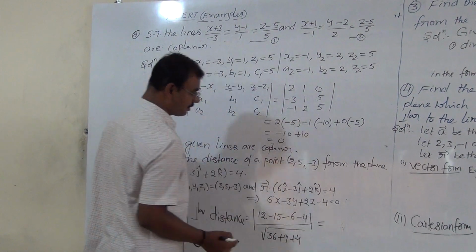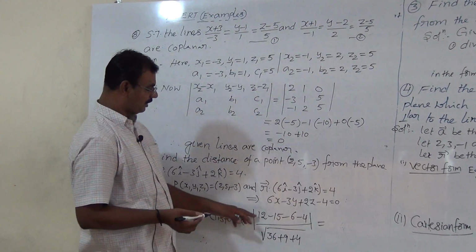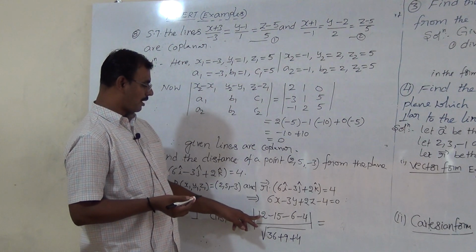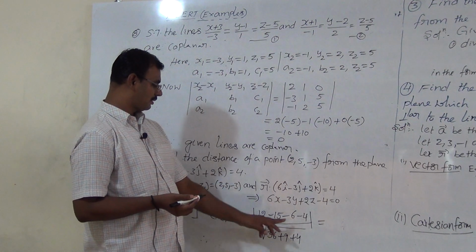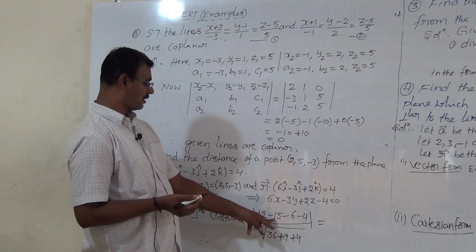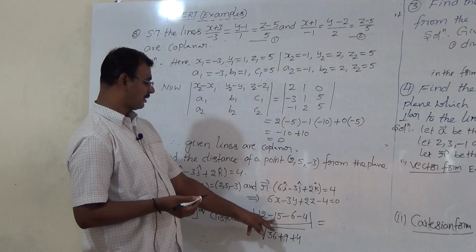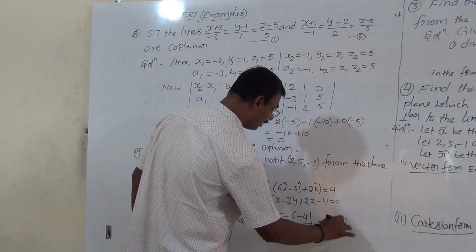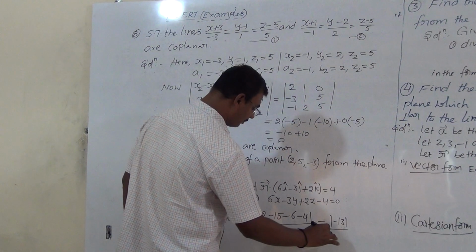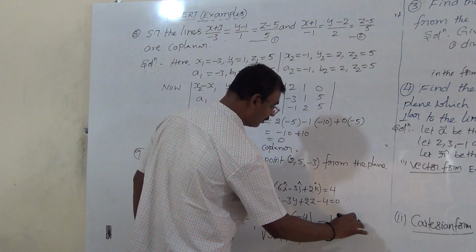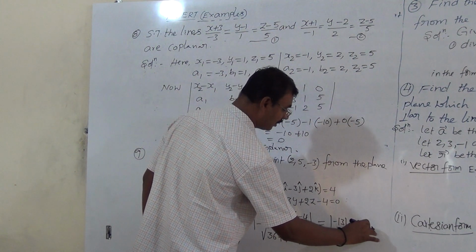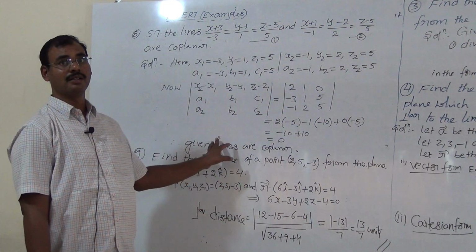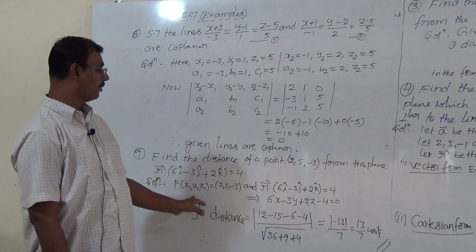Simplify: 12 minus 15 is minus 3. Minus 3 minus 10 is minus 13. Divided by the square root of 49, which is 7. This is equal to 13 by 7 units. So this is the perpendicular distance.